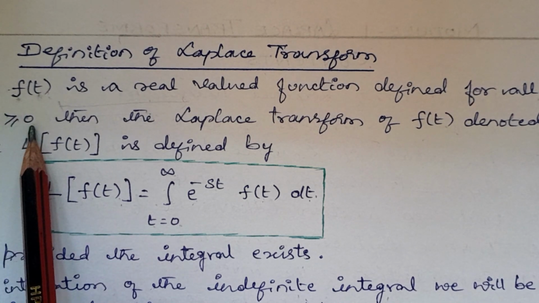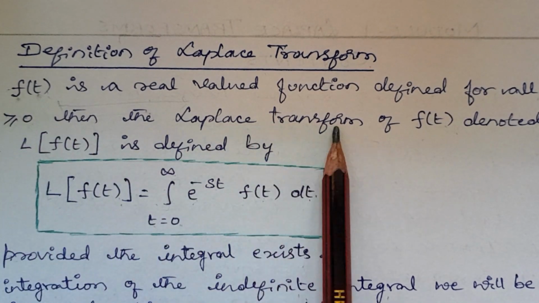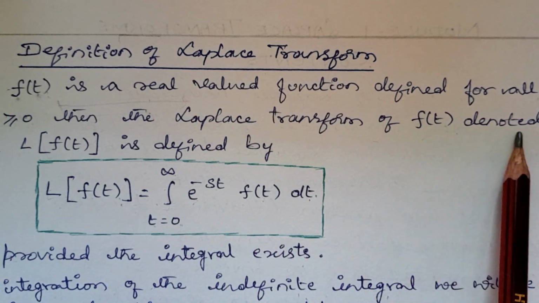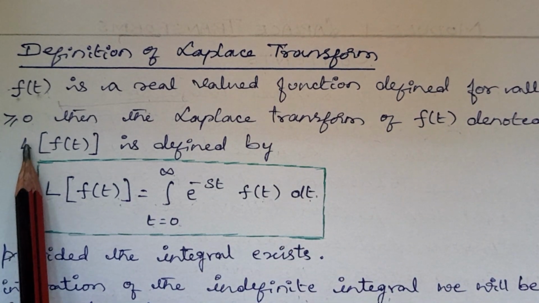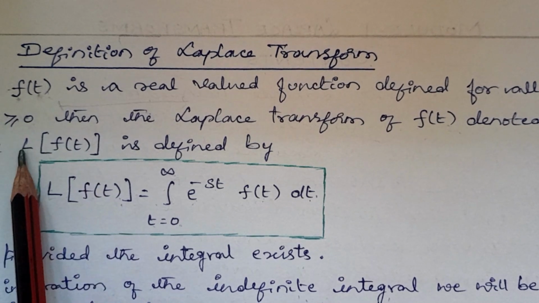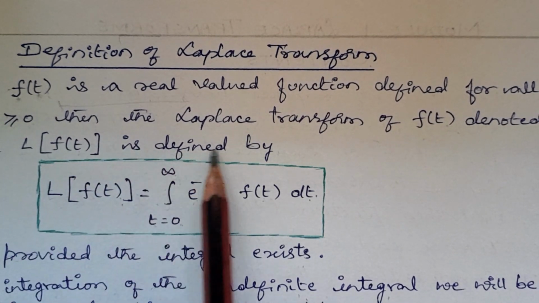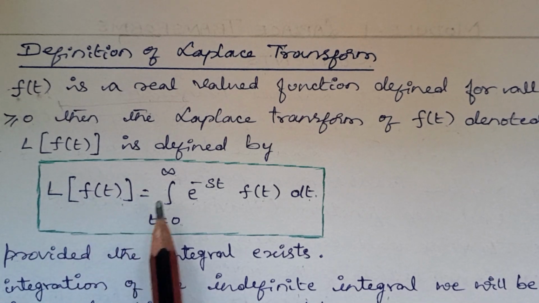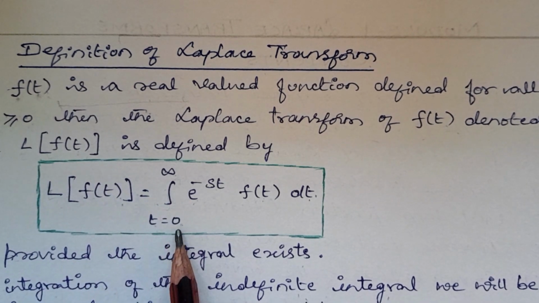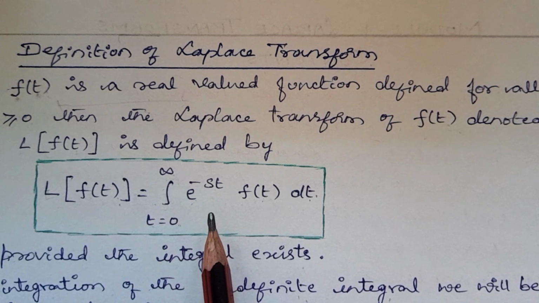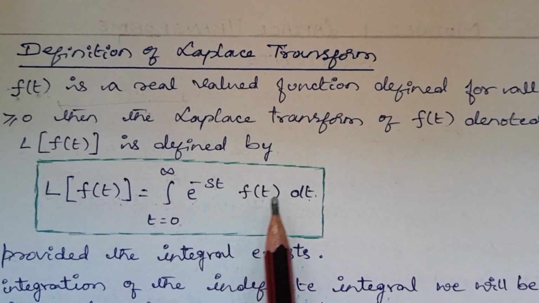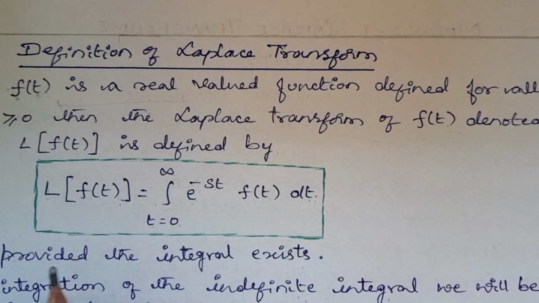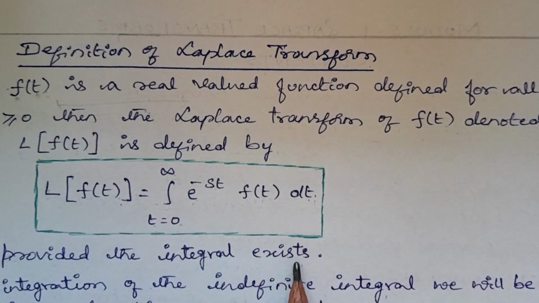Then the Laplace transform of f of t, denoted by L of f of t, is defined by L of f of t equal to integral from t equal to 0 to infinity of e power of minus st f of t dt, provided the integral exists.